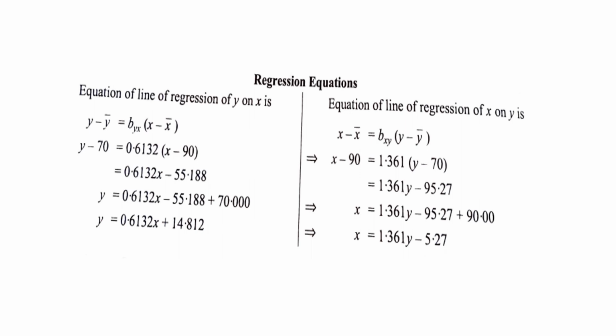And we are making substitutions in that. After getting the values of byx and bxy, you can substitute the values of these quantities in the equations of line of regression of y on x and x on y. x bar and y bar can be computed from the given values.